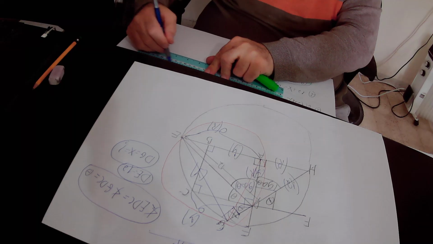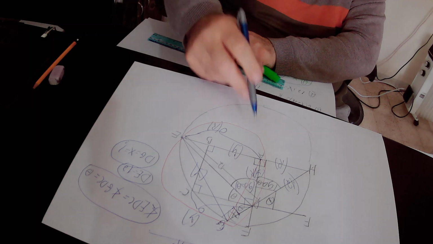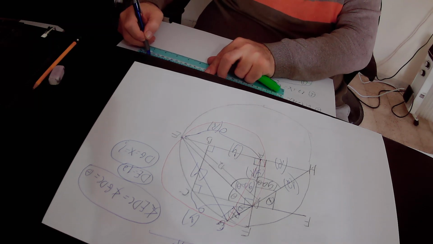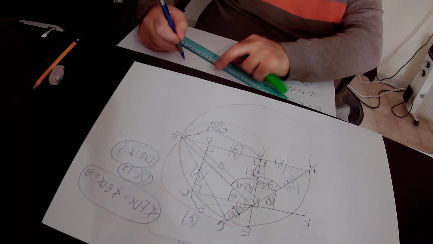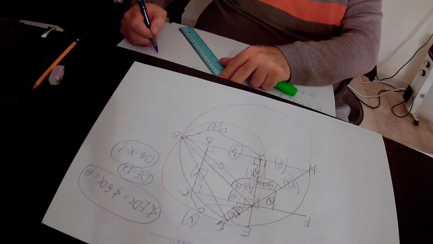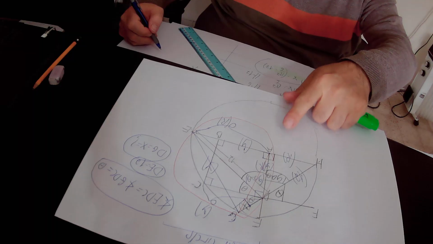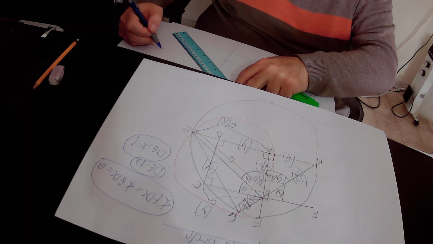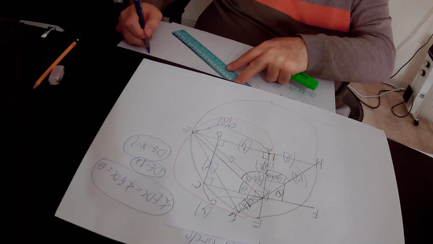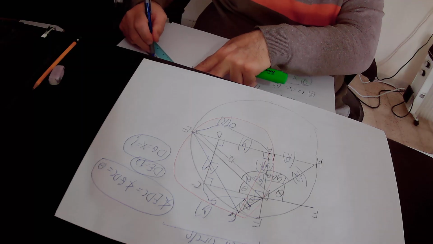So according to our definition, side AD equals y, and what is the length of side AE?